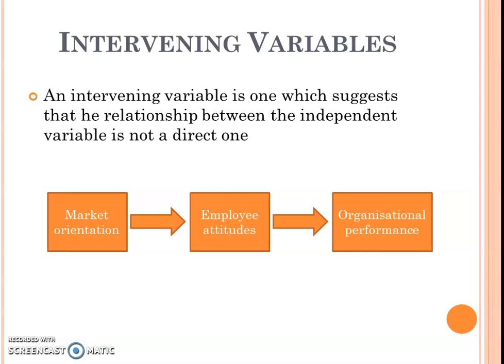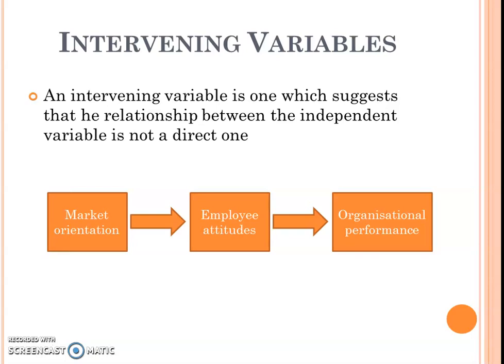But these two variables are connected through the employee's attitude. So the intervening or intermediary variable here is the employee's attitude. Unless the positive attitude of the employee contributes towards the growth of the organization, there will not be organizational performance, even though the market orientation is there.